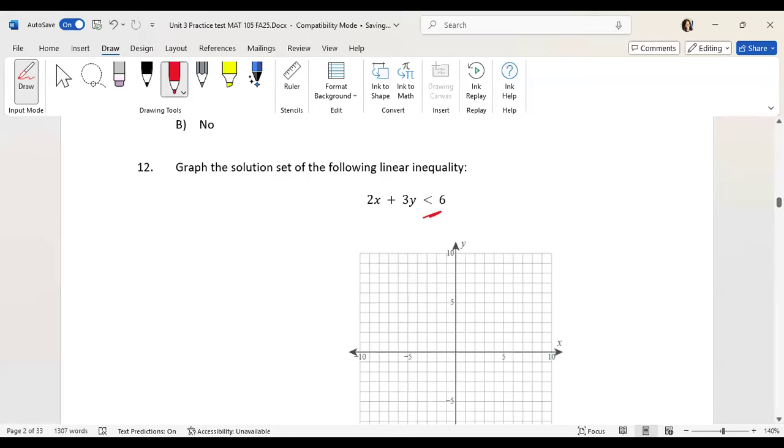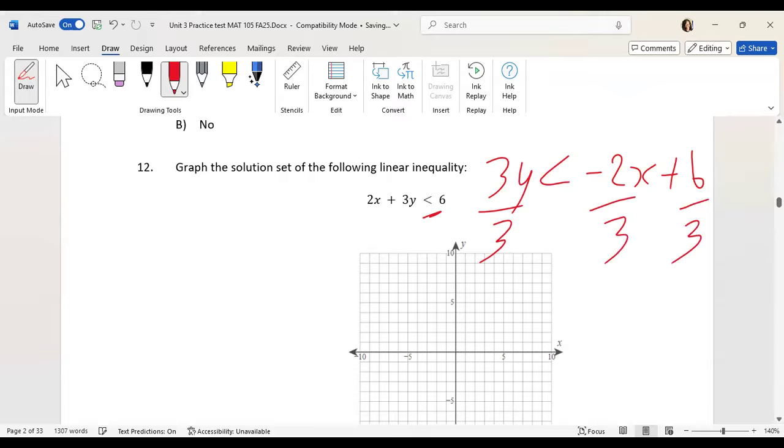So we have 3y is less than, I'm moving 2x to the right-hand side, it becomes negative 2x plus 6. I'm writing it in slope-intercept form. So this is divided by 3, divided by 3, divided by 3. So then y is less than negative 2 over 3x plus 2.